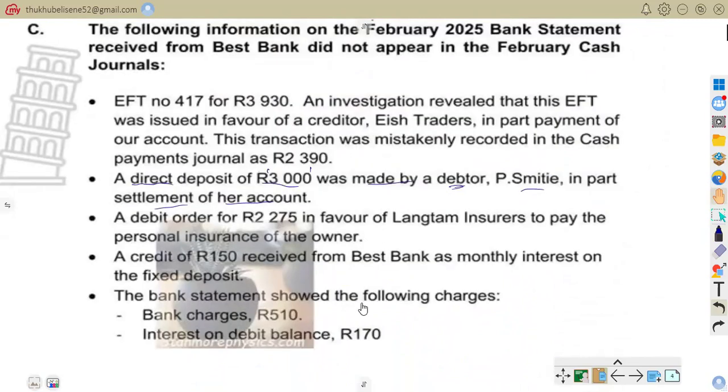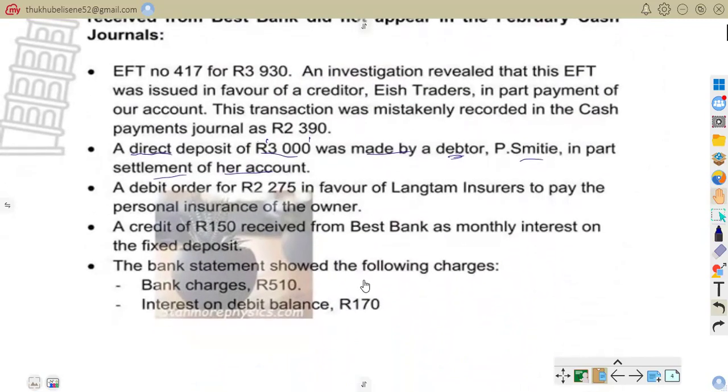So let us see information C. You can see it is a credit of 150 received from Best Bank as monthly interest on the fixed deposit that the business made.